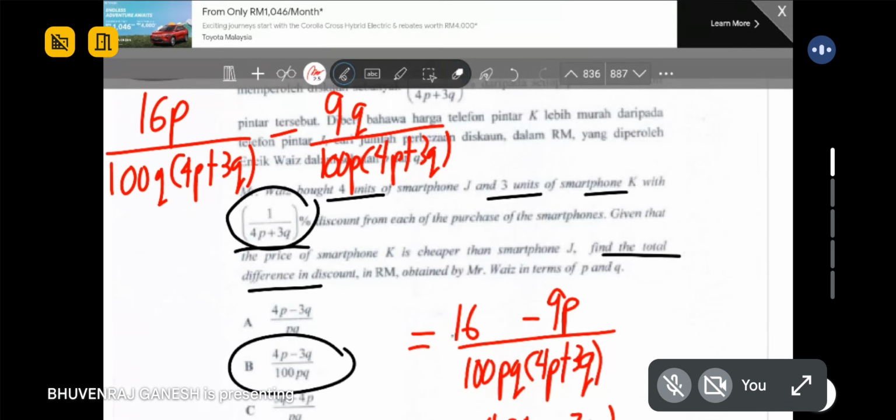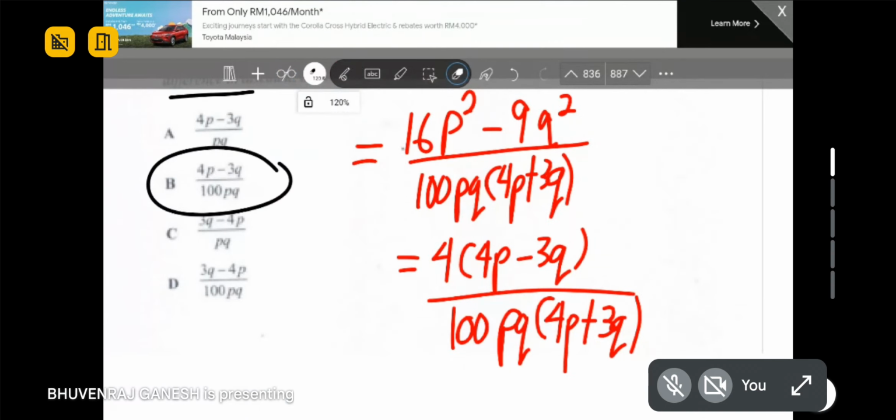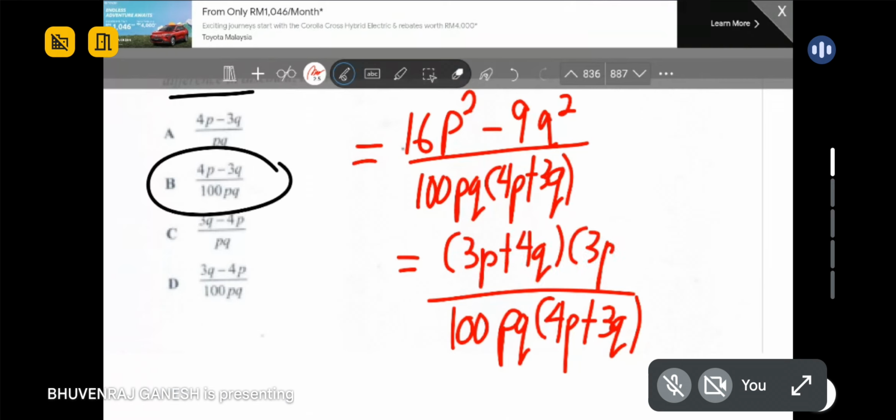Wait, guys. 16P over 100Q, yeah. 16 over 100. So it should be P square. 16P square. And then this one is 9Q square. Okay, so based on this, if you factorize, it's actually 3P plus 4Q, 3P minus 4Q.